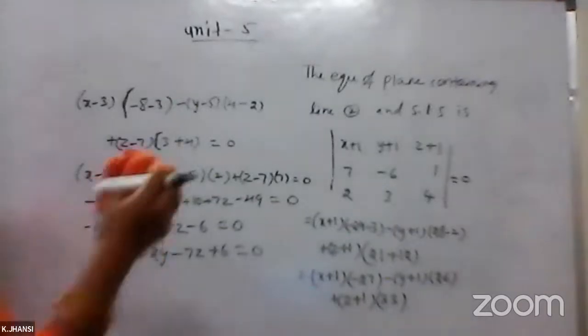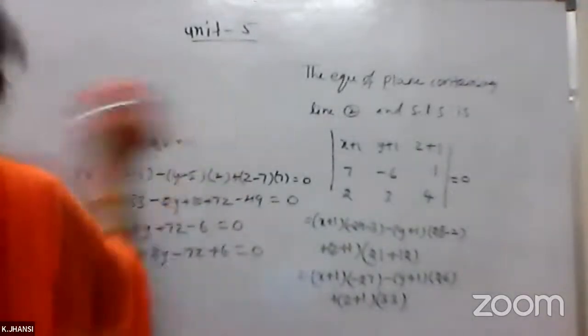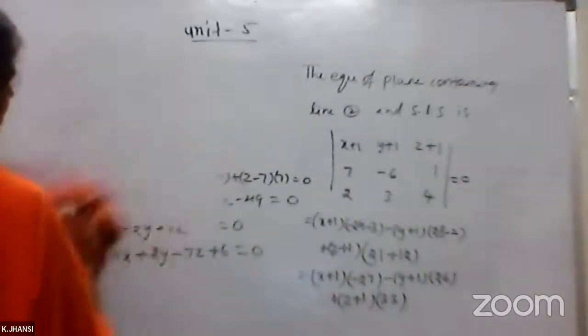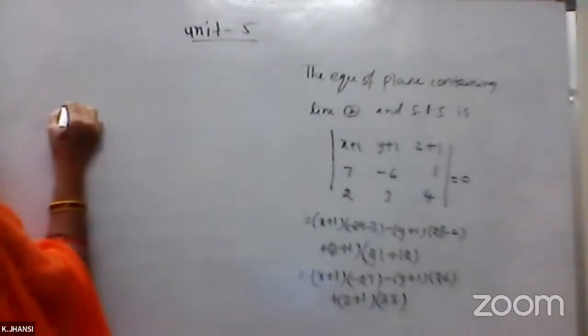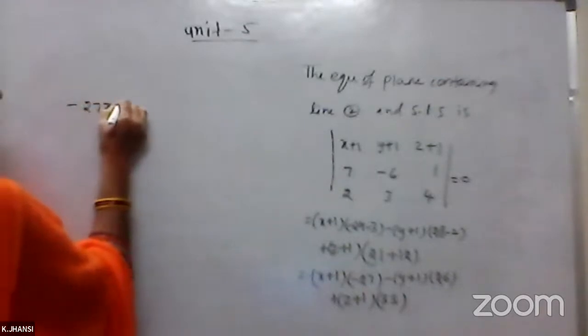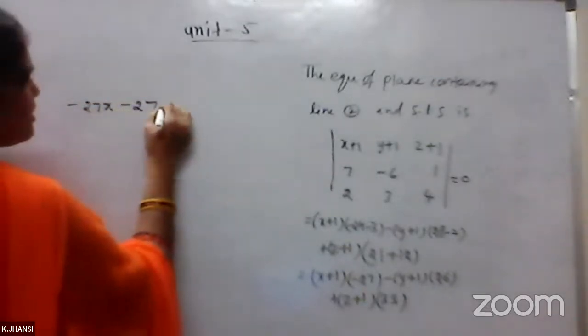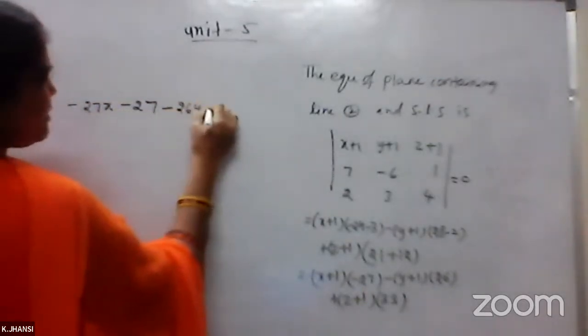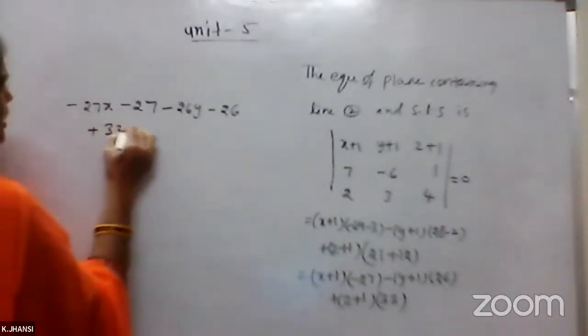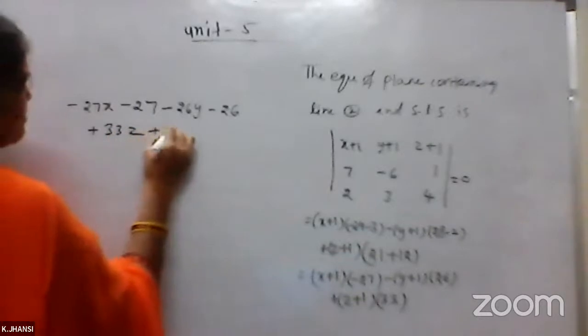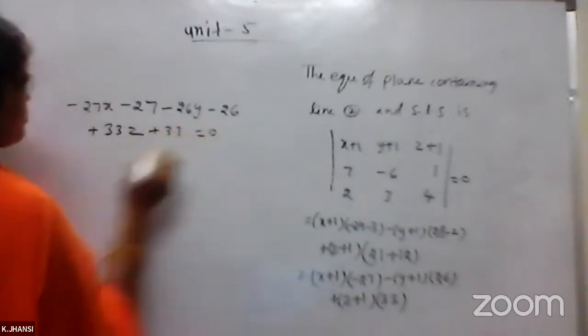So if you simplify that, minus 27x minus 27 minus 26y minus 26 plus 33z plus 33 equals 0.